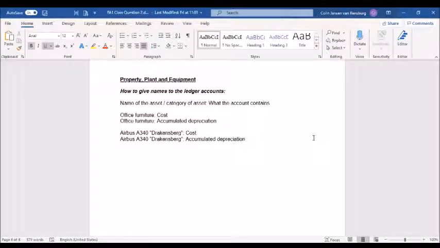Now, when it comes to the presentation on the face of our statement of financial position, we must bear in mind that when we talk about the face of the statement of financial position, it is the main body, the main part of the statement. And remember, we mentioned this at the beginning of the year, all of those statements, our statement of comprehensive income, our statement of changes in equity, our statement of financial position, we want to present them all on one page.